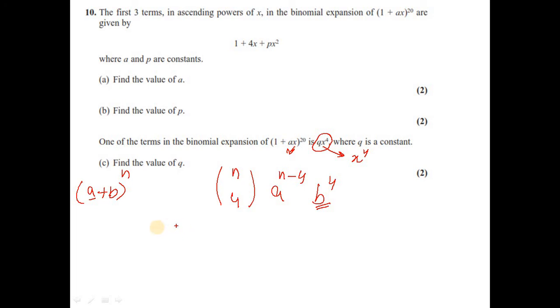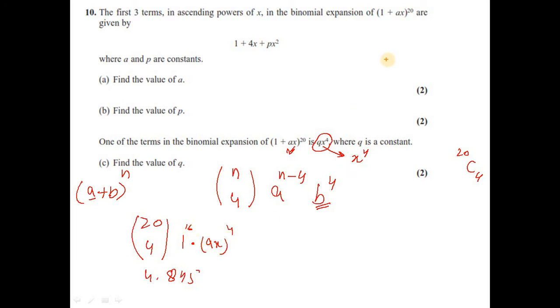So I can write that 20C4 times 1 to the power 20 − 4, which is 16, and (ax)⁴. For this 20C4 you can use your calculator, and if you do that you will have 4845. 1 to the power 16 is 1.